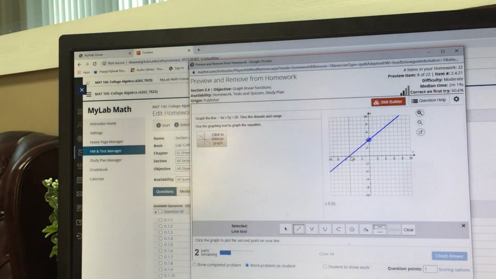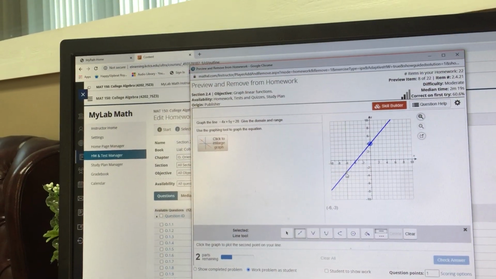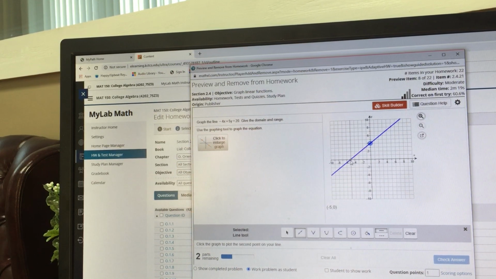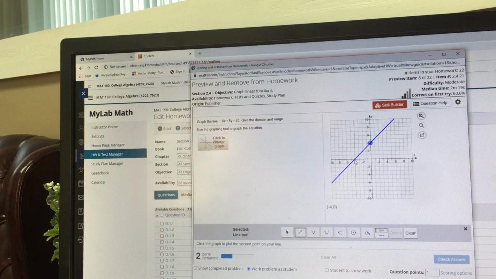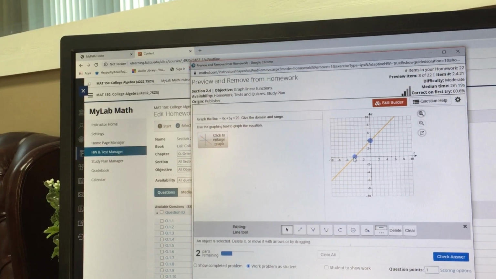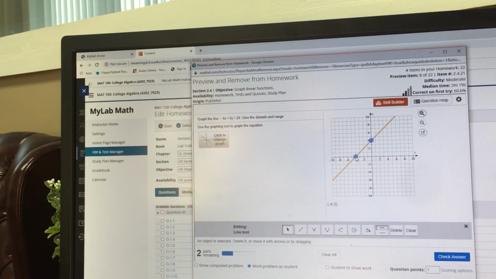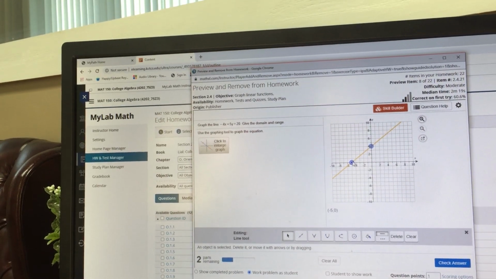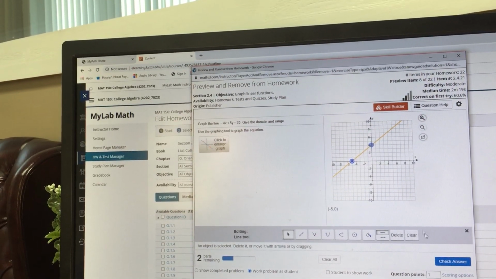So if you can't really determine where you're at, see, it moves around and it tells you exactly where your points are. Negative 5, 0. And if you click on the wrong one, oh, I did it wrong. You can just grab it and then nudge it over. And there you go, you're on the right one. So there's your line. And let's check it there.